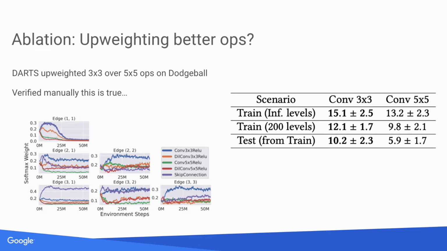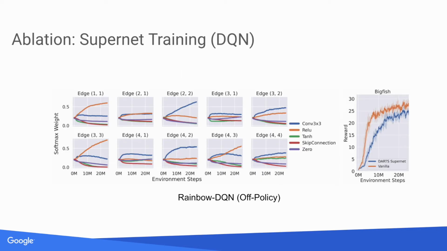We wanted to verify whether this suggests that 3x3 operations are indeed better than 5x5 operations, and thus we manually also trained policies using 3x3 or 5x5 operations. We verified that this is indeed the case on the right-hand side, and this suggests that the supernet is correctly weighting better operations. In parallel with PPO, we also show a similar supernet training for Rainbow, also verifying the trainability of the supernet and the convergence of the softmax weights.